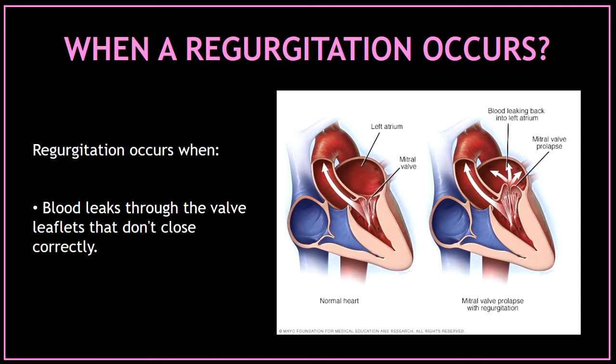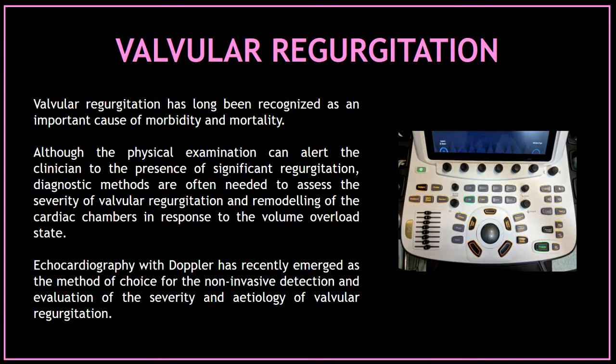And when does a regurgitation occur? A regurgitation occurs when blood leaks through the valve leaflets that don't close correctly. Valvular regurgitation has long been recognized as an important cause of morbidity and mortality.